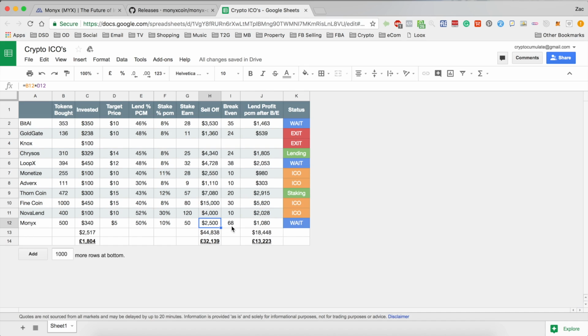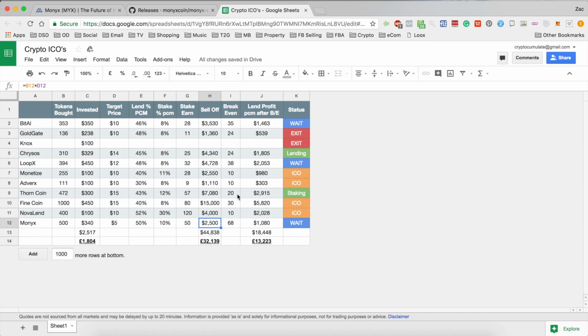And this is the current strategy I plan on doing with most of these ICOs, is selling off to break even and then putting whatever's left into lending, potentially with a couple of weeks worth of staking in between, if that is how they stagger their releases.